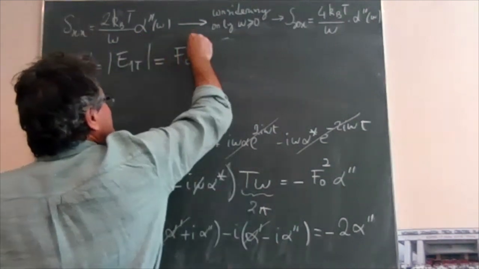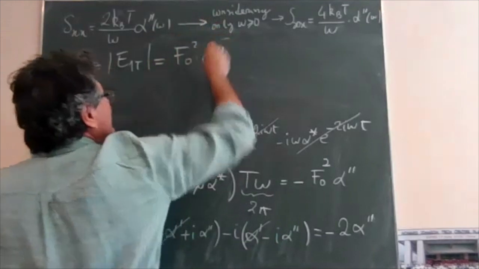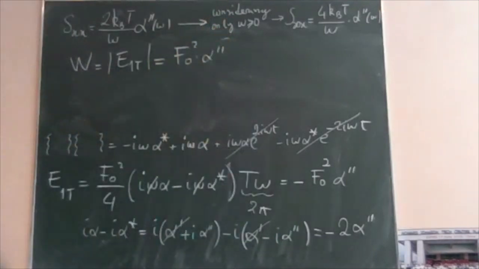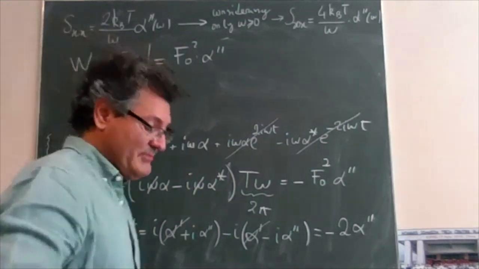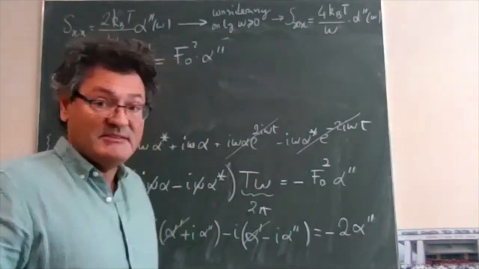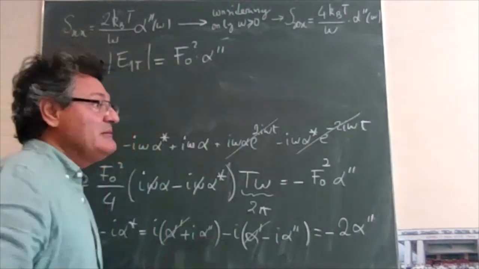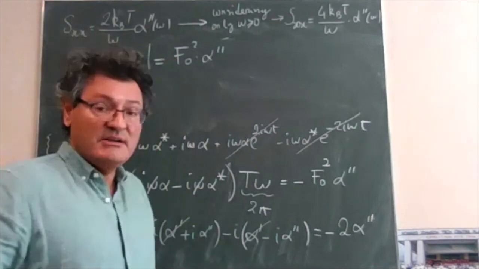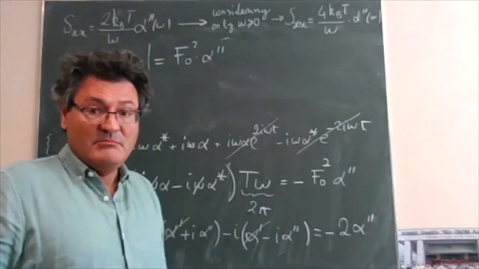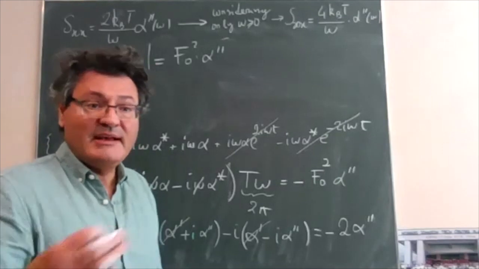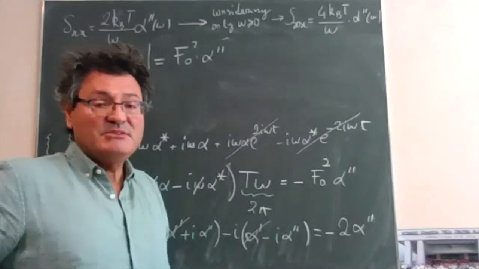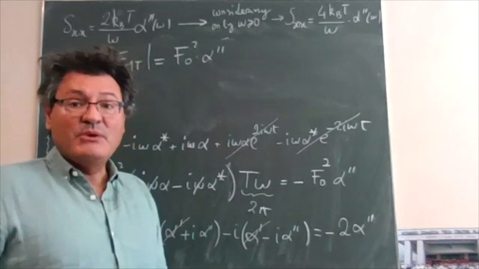So this is f0 squared times alpha second, okay? So this is kind of nice because maybe Professor Reed will tell you in the following lecture that one of the most important ways to calculate thermal noise on mirrors is to use not directly the fluctuation dissipation theorem, but to use the Levin equation.